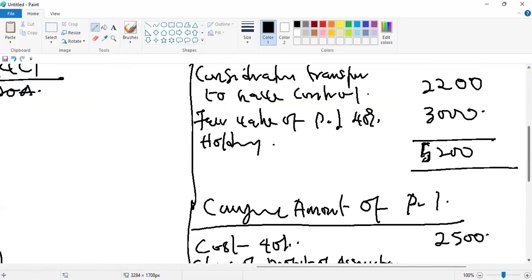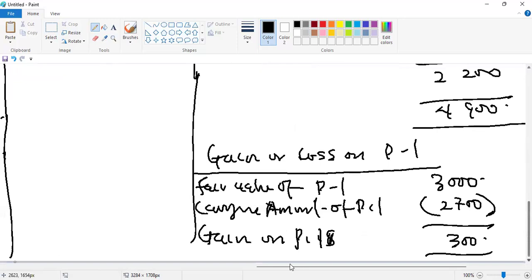So depreciation to charge. Let's do depreciation here. 150 divided by 6 times from the date of acquisition to the date we are consolidating. When are we consolidating? We are consolidating on 31st March 2023.